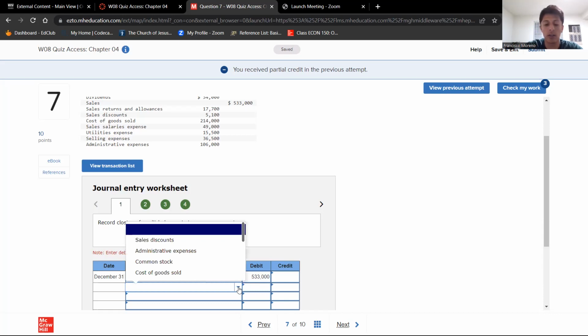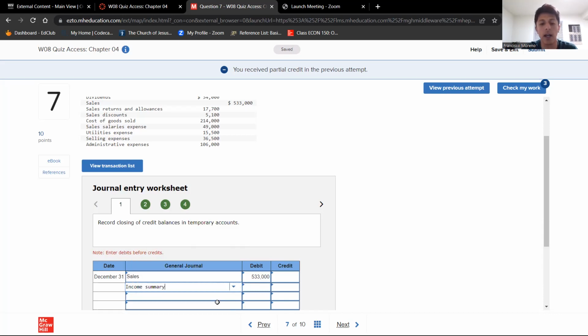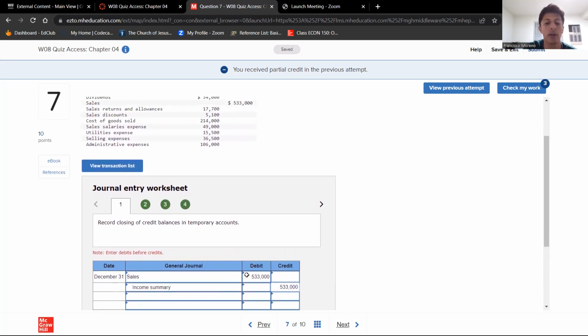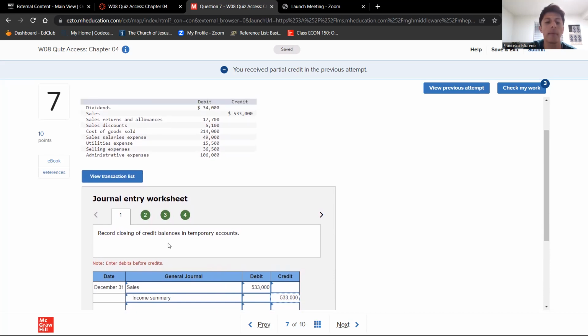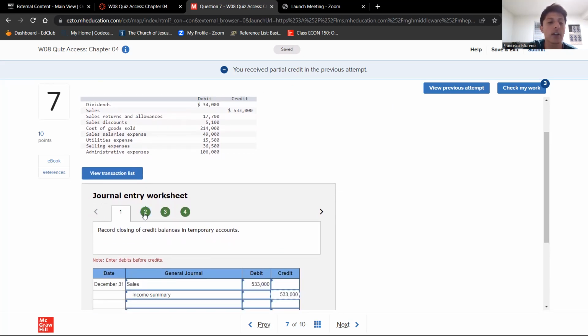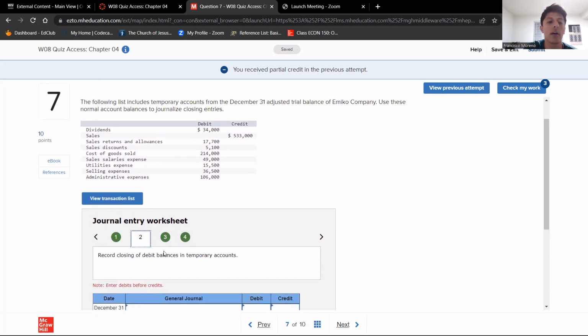So in this case, we're gonna use our income summary account that is actually used to close books and to put all the balance of revenue and expenses. So we're gonna put that same amount, and that's gonna be it for this one. As you can see, we close all our accounts with a credit balance. That was only sales.